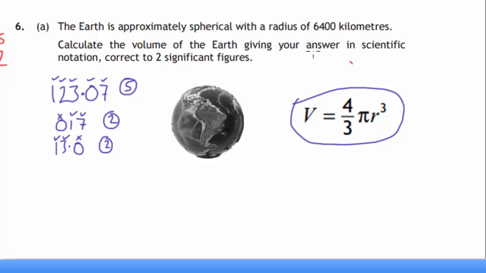Now, to work this out, it's paper 2, so it's part of the calculator paper. What you would do is put in your calculator 4 over 3 pi, and then your radius, or sorry, it's cubed.